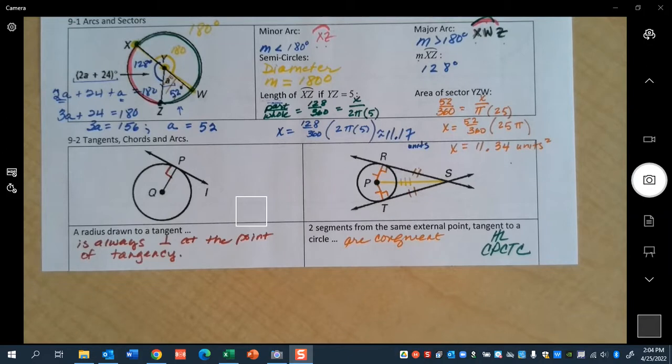This next one, through hypotenuse leg congruence and CPCTC, we can see that these two segments from an external point of intersection are going to be congruent because they're the long legs of right triangles that have short legs that are radii and a reflexive hypotenuse that they share.